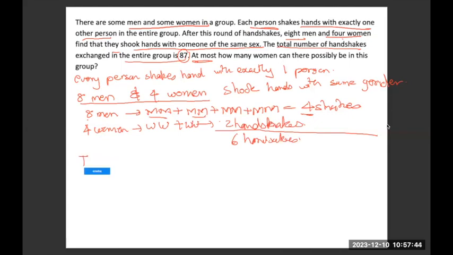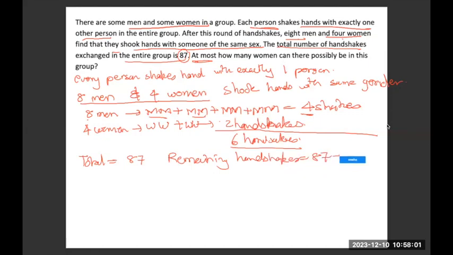Total handshakes in the group overall is 87. So the remaining handshakes after the 6 handshakes is 87 minus 6 equals 81 handshakes still remaining.